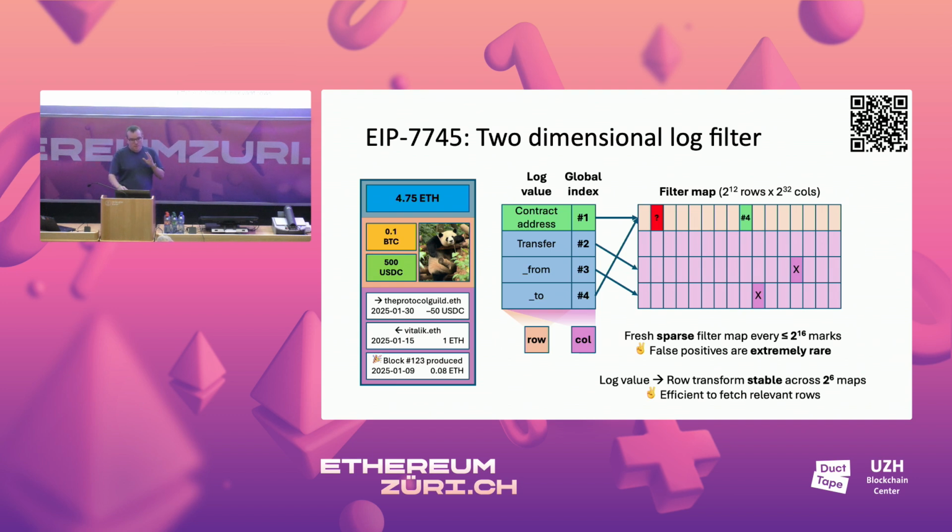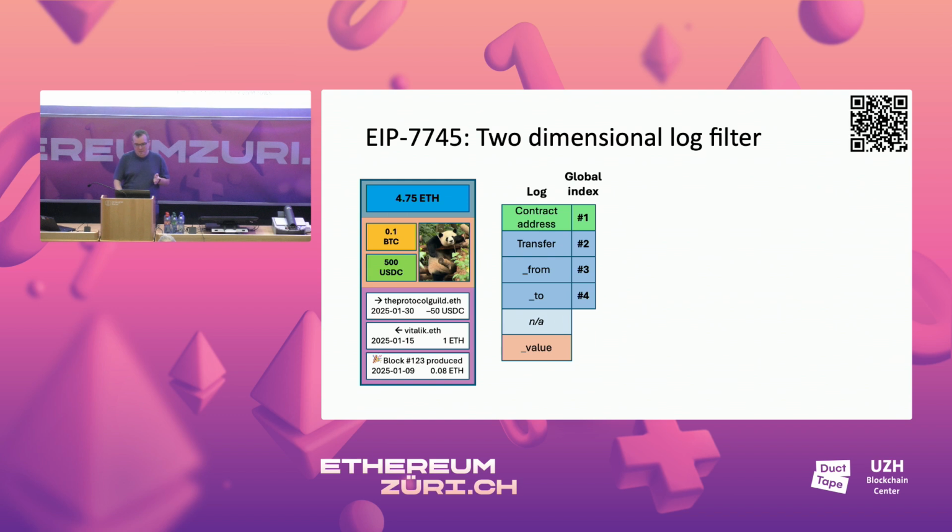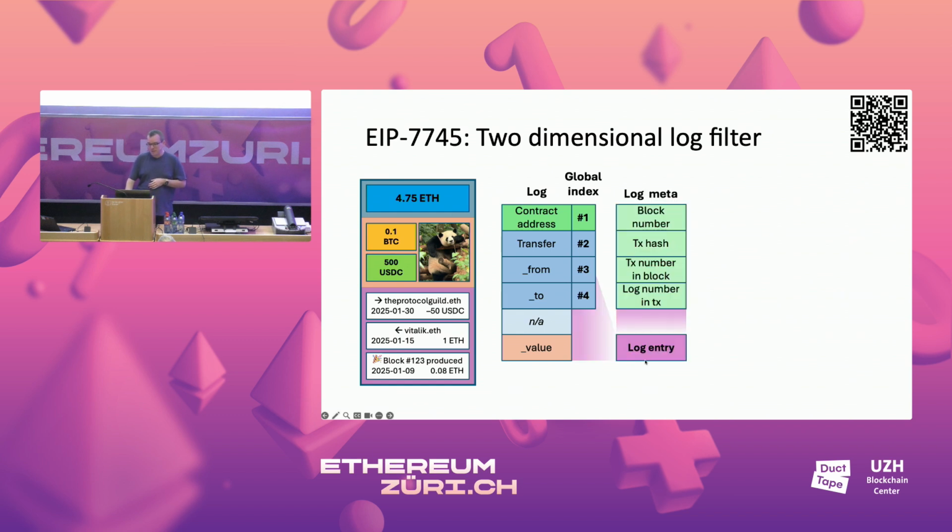So there is one more missing piece here. We know that number 4 is interesting for our wallet, but how do we know what log corresponds to number 4? And for that, in EIP 7745, there is also a second data structure that is maintained, and that's called a log entry.